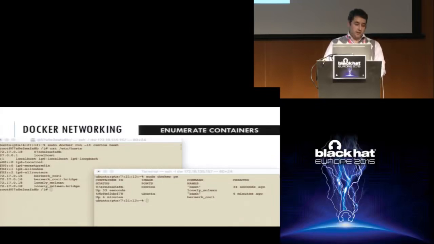Certainly in Amazon you can't do that, but that's how Docker works today. So if there is a compromised container, it can see the network config, like the IP address assignment, on all the neighbor containers.